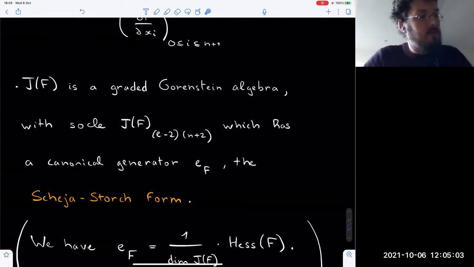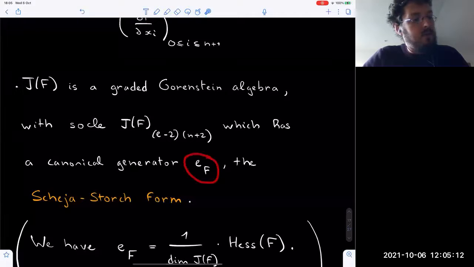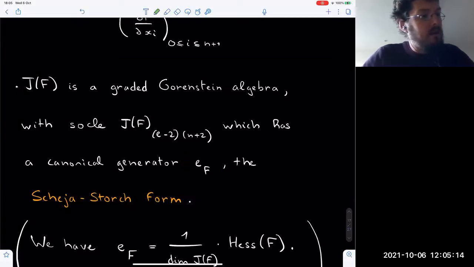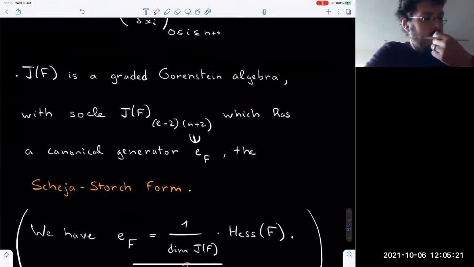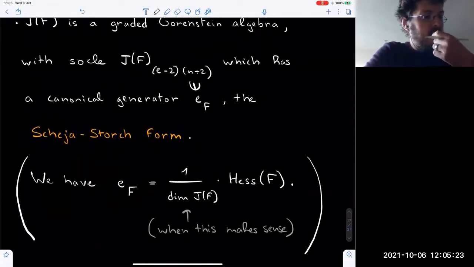And moreover, in this situation, there's a canonical generator of this space, which is called the Scheja-Storch form.